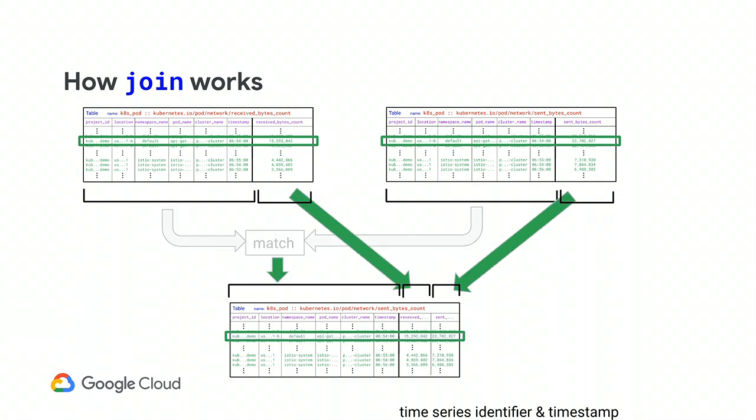And that's done basically by taking the time series identifier columns and the timestamp column, which are the same in both of those tables, and those become the column values for that row in the output, and then taking the value column from one table and the value column from the other, and those become two value columns in the table. And this is basically your straightforward relational database natural join.